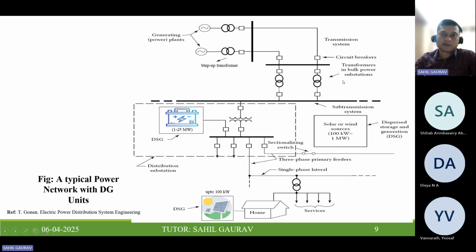So transformers in bulk power substation, and then we have sub transmission system, and in sub transmission systems, then we have this transformer, and then we have this distribution substation. So at distribution substation we have storage system.